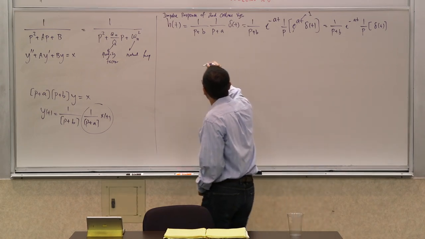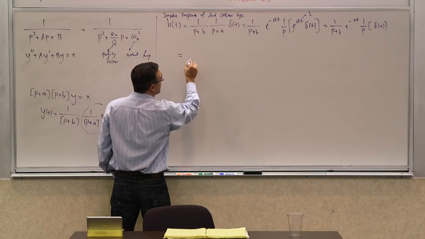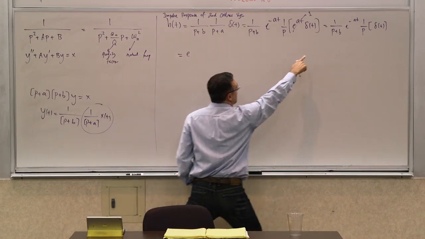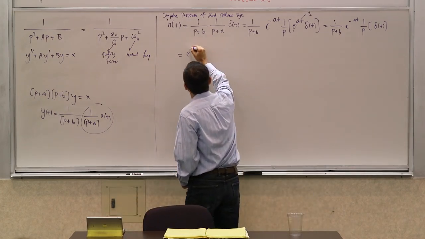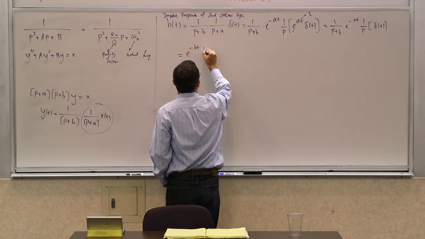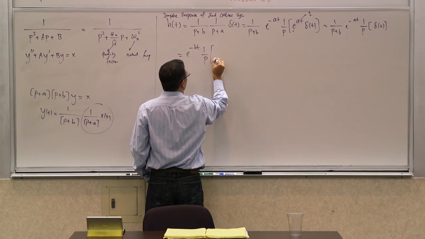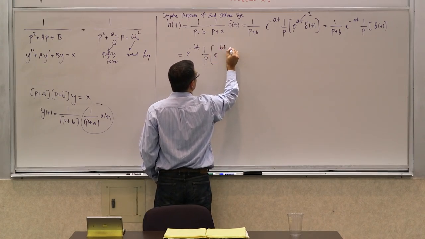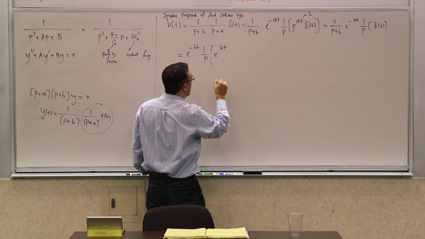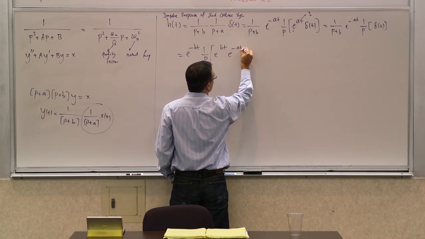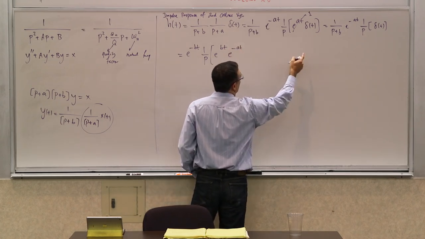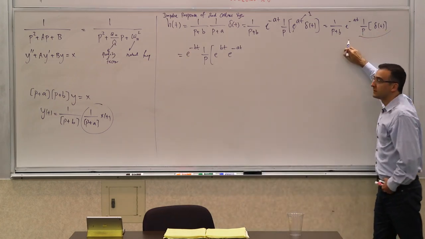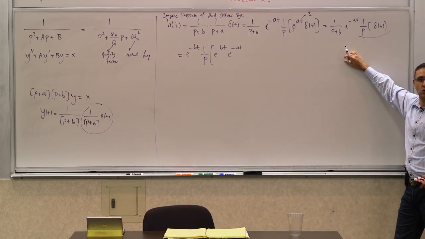Okay, so let's apply the second operator first. What is the second operator? This one. It's going to be e to the negative bt, 1 over p, e to the bt times what is left of that, which is e to the negative at. And what is 1 over p of delta of t? U of t, right?